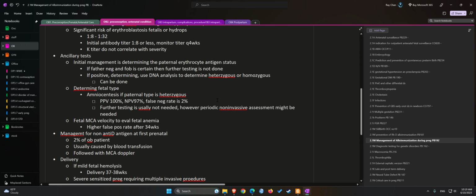However, periodic non-invasive assessment might be needed due to the false negative rate. Fetal MCA velocity is used to evaluate fetal anemia, with a higher false positive rate after 34 weeks.